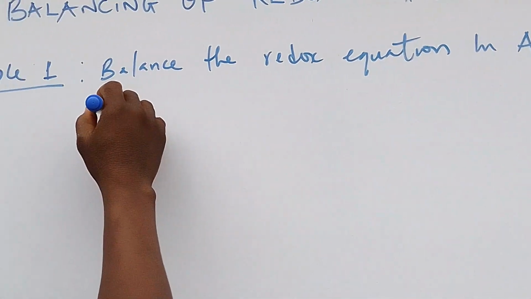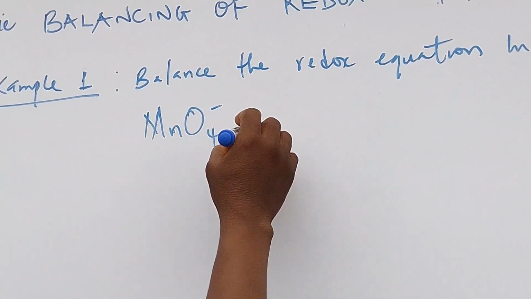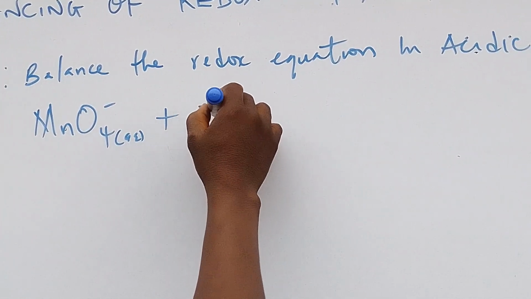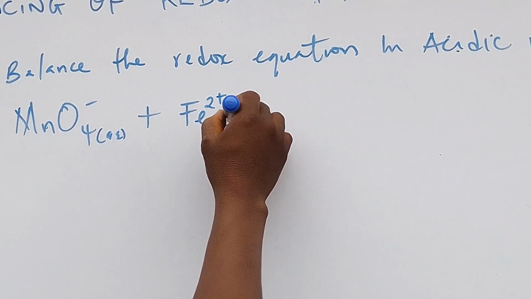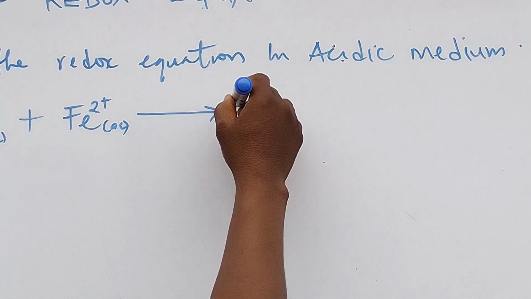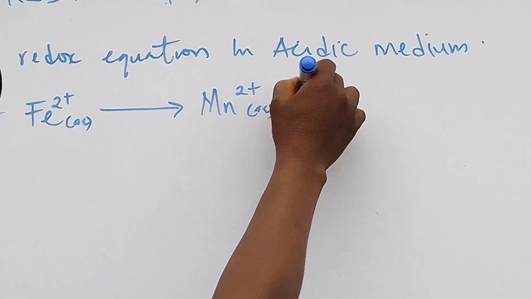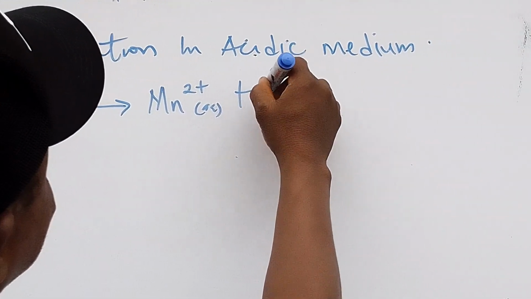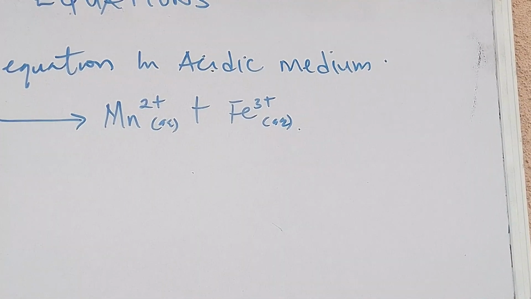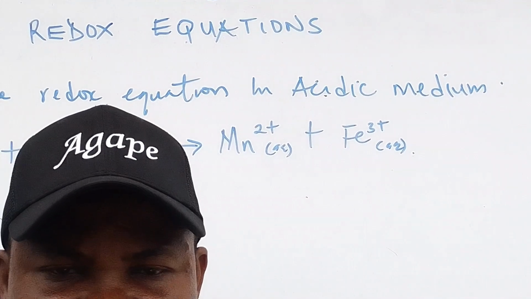Look at the redox equation: MnO4 minus aqueous plus Fe2 plus aqueous yields Mn2 plus aqueous plus Fe3 plus aqueous.